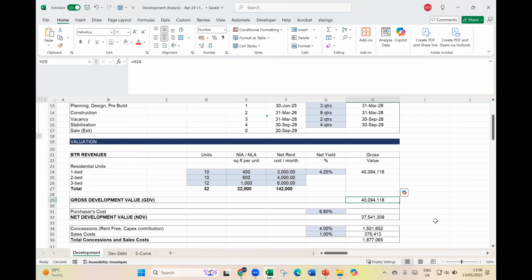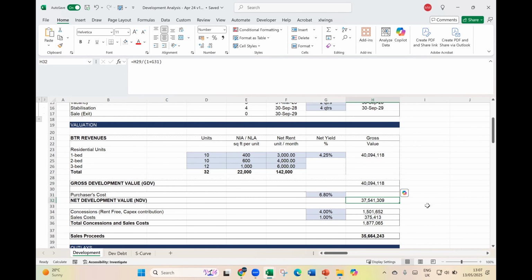One thing that people always forget, because that's how the UK valuation works, is that the yields here are on a net basis, okay? So you need to take out the 6.8% because of the net yields. Therefore, your exit value here is 37 million, because you have to take out the 6.8%.